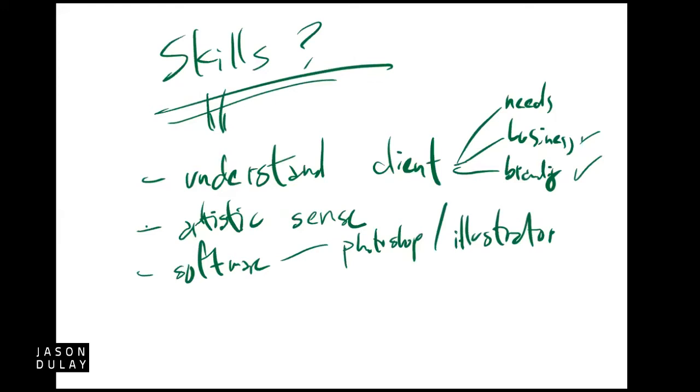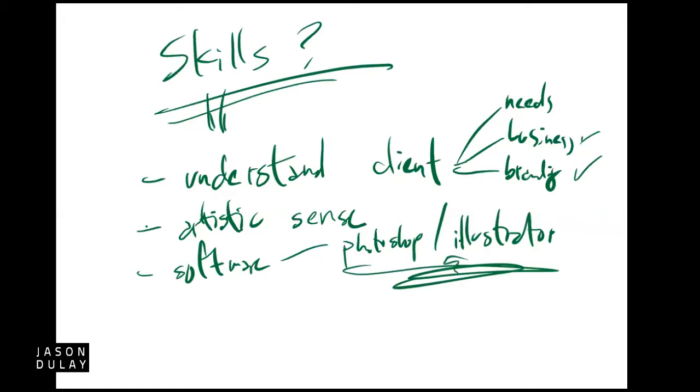You can use Stencil, which are some apps that can help you out. But if you're a serious graphic designer, if you're doing this really as a career, as a profession, then you have to really learn Photoshop and Illustrator. These are the must know softwares for every single graphic designer.